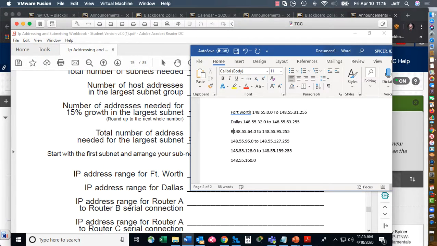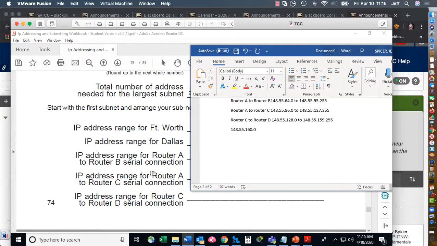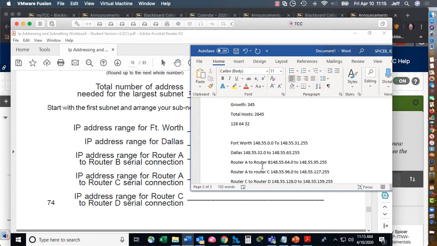This becomes router A to router B. This is router A to router C, and this is router C to router D. And this is one of your extra ones for growth. So there's the five subnets, and so that's how you do these problems.